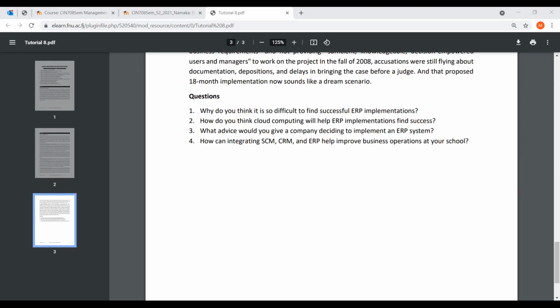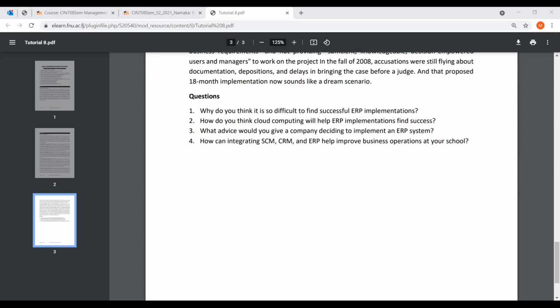Next up, ensure resources are available for the implementation.